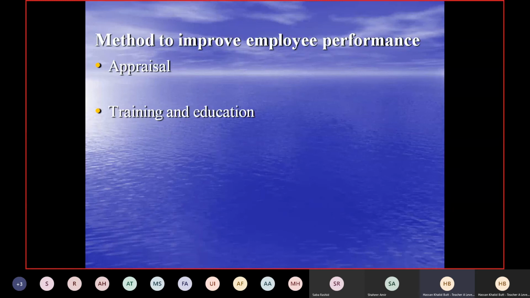Then we have training and education. Okay, one more thing: when appraisal is done, obviously you require certain supervisors as well. Remember, because if you are supposed to evaluate the performance of the worker throughout the year, there has to be somebody. For example, factory workers may have a foreman, or a low level manager, or a supervisor who will be monitoring the employees on a regular basis.